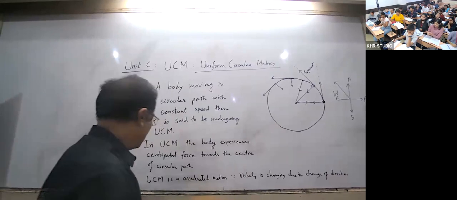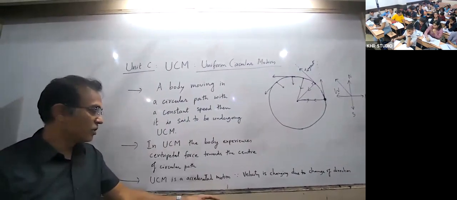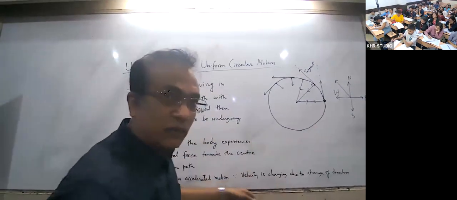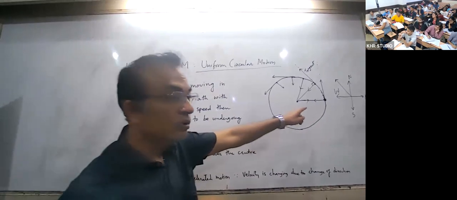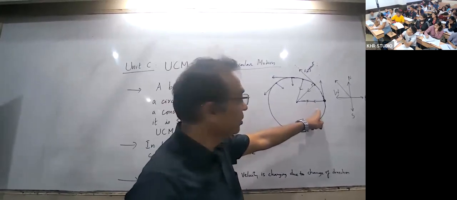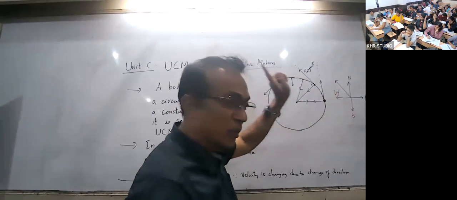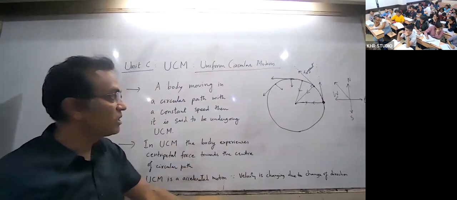Everything is with respect to this object, the stone which is moving in the circular path. Which agency is responsible for it to move in the circular path?